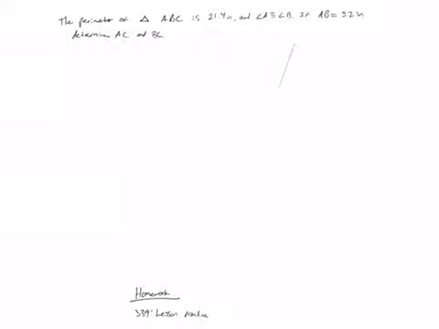I have no idea what this really looks like, but this angle and this angle are the same. I know the perimeter of this whole thing is 21.4, and AB down here is 5.2 inches. I'm looking for this length, AC, and this length, BC.